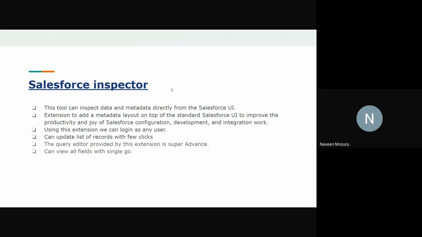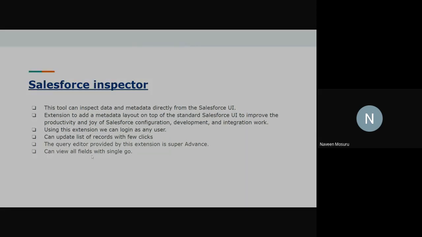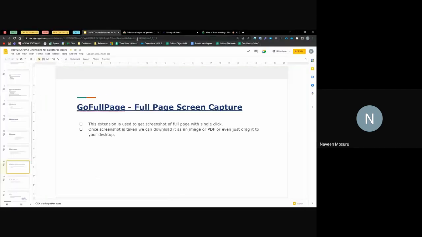Also, let's say we are on a detail page and I want to view the data provided there. It would be best if I could get that data in a table format, or else modify it and save with a single save button. Those things can be done if we use this extension. I will show you how we can do that.